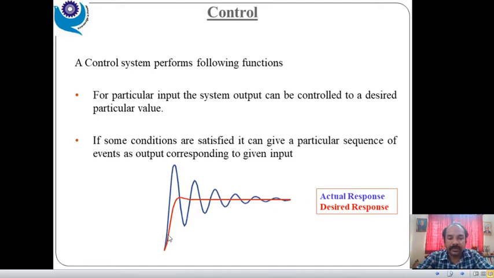Actually, what happens is that initially the output is 0. When we give the input, the output suddenly rises, but when it rises, it overshoots in this way. This is the behavior of the output signal, and in this way we get the oscillations. This is called an overshoot, and then an undershoot, and after a certain time it settles down.